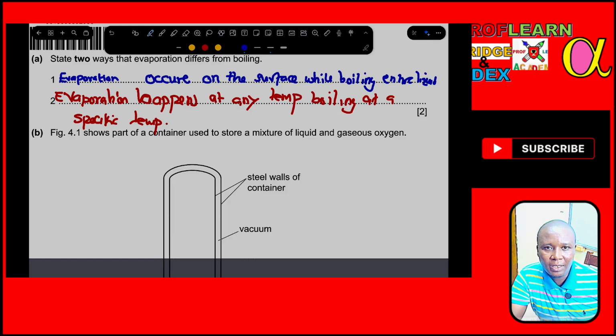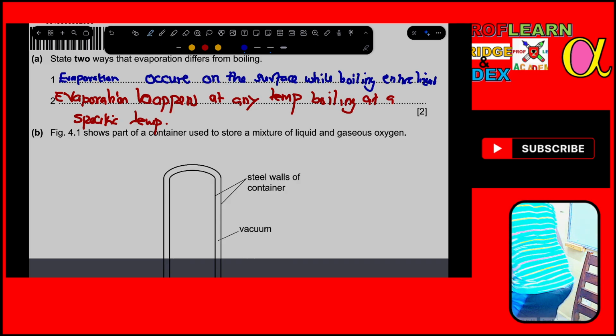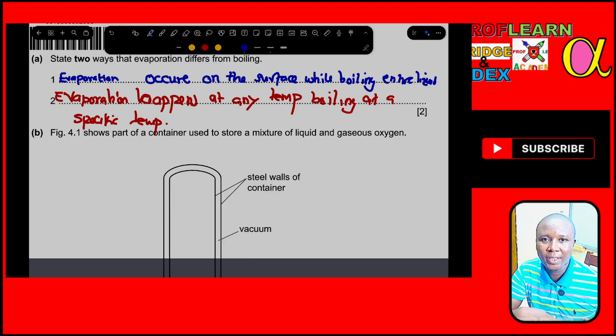So once energetic molecules escape from the surface, you are going to have only less energetic molecules remaining. So the amount of kinetic energy, or the amount of energy that remains behind, is less.